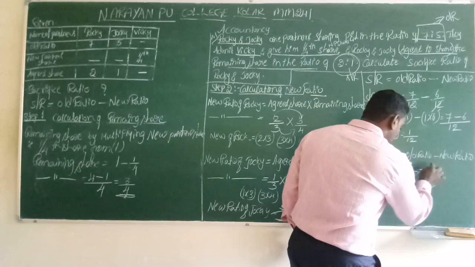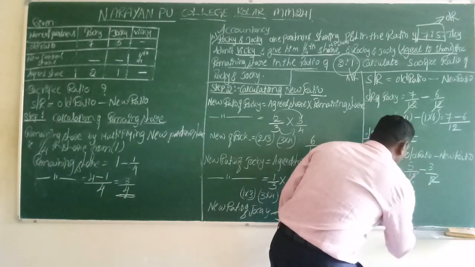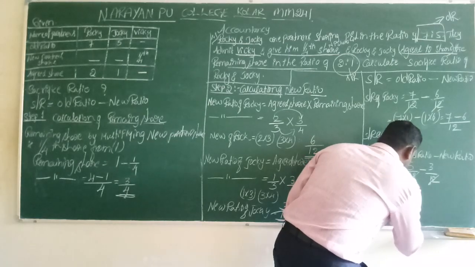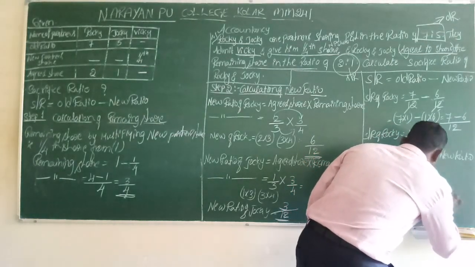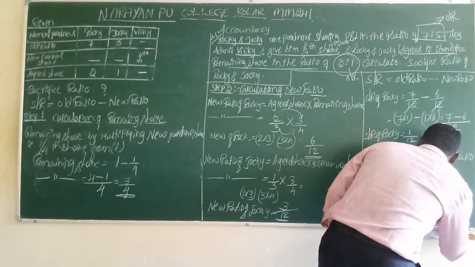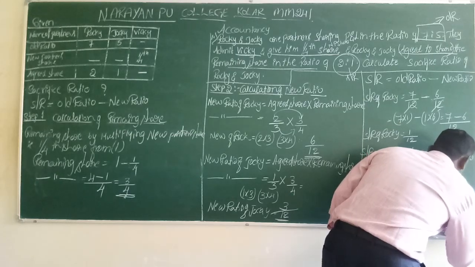Now we will make them cross multiplication. So the sacrifice ratio is equal to 5 into 1 minus 1 into 3. Therefore, 5 ones are 5 minus 3 ones are 3 divided by 12.